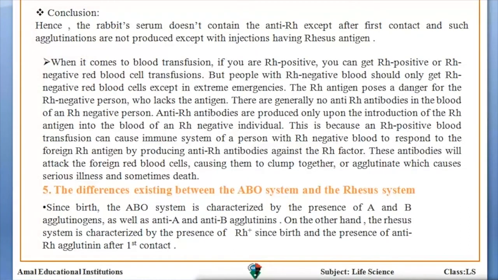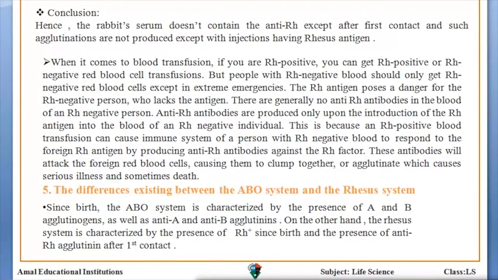When an Rh negative person is given the Rh positive red blood cell, which has Rh antigen, the immune system of the Rh negative individual is going to respond to the Rh antigen, consider it as foreign, and produce anti-Rh antibody against the Rh antigen.